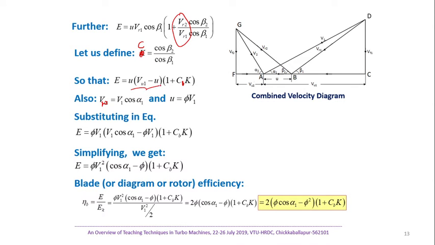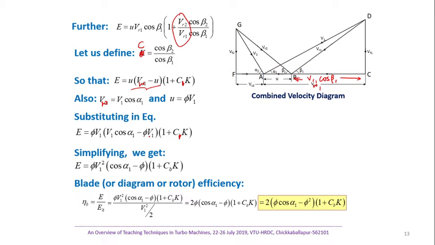See here, VR1 cos beta 1 can be written as VW1 minus u. That only I am replacing here. VW1 minus u. So what is VW1 then? VW1 is V1 cos alpha 1 and u is 5V1. That I am substituting here: 5V1, V1 cos alpha 1 minus 5V1, into 1 plus KC.